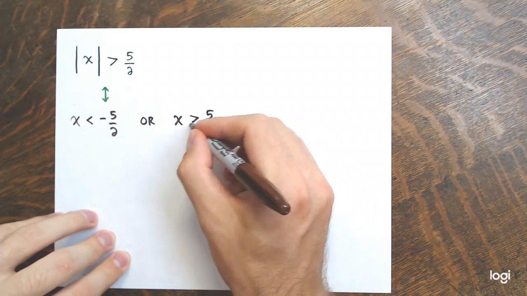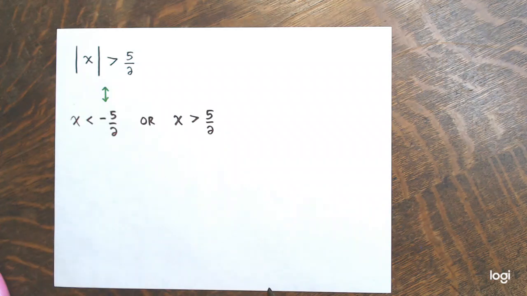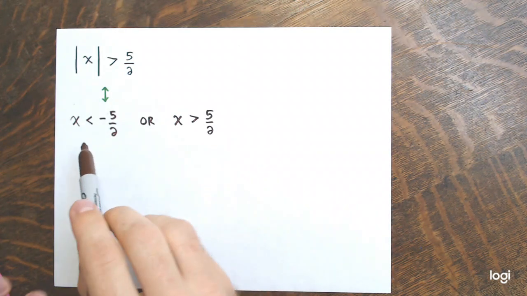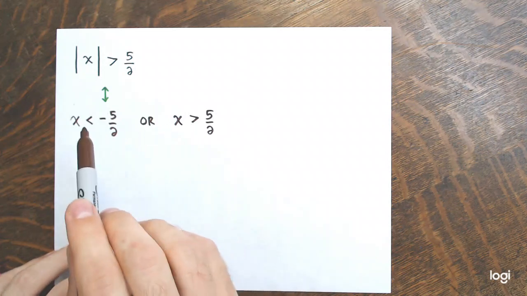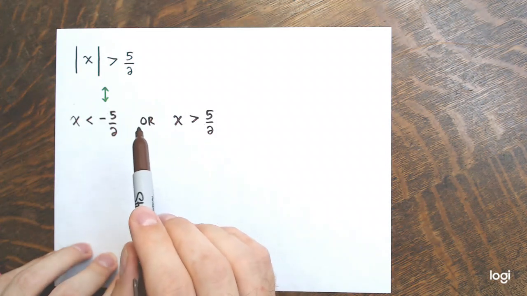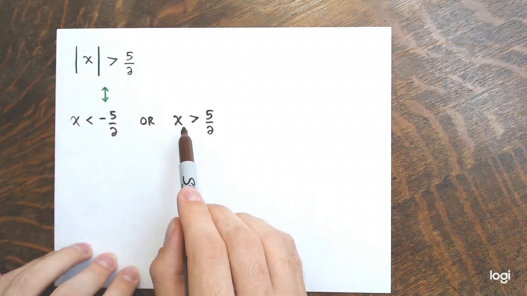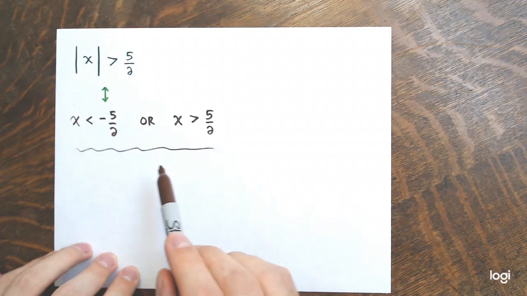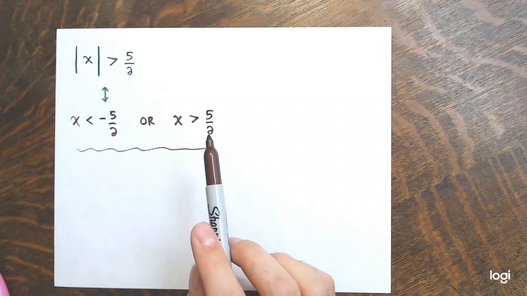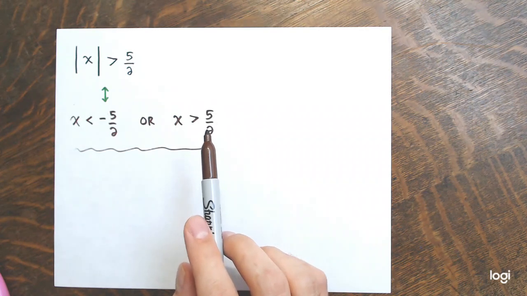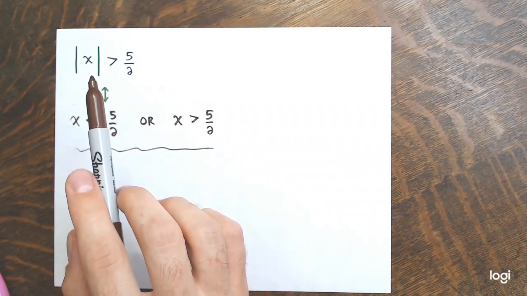This is representing all the numbers to the right of 5 halves on the number line, numbers that are farther than 5 halves units from 0. This compound inequality is already solved, each of these is already solved for, and then we're just finding the union of these two sets. The variables are already alone on their own side, so that's a perfect description of the solutions of this absolute value inequality.